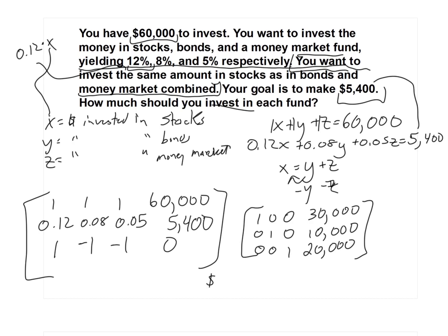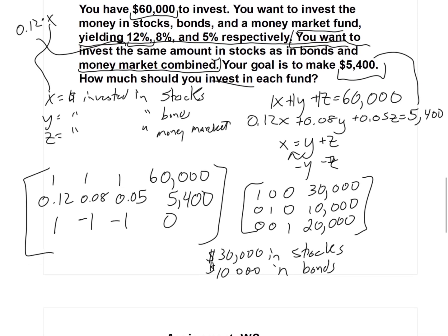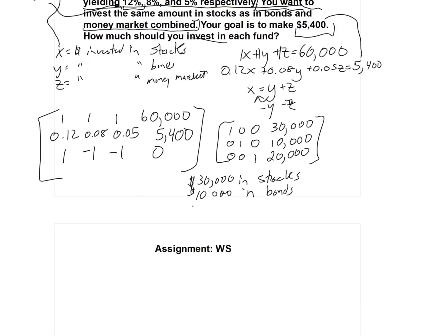But what it's telling us is we put $30,000 in stocks, $10,000 in bonds, and $20,000 in money market. Okay.